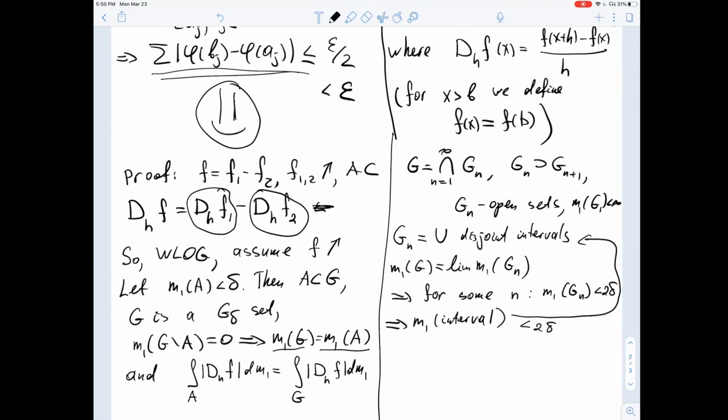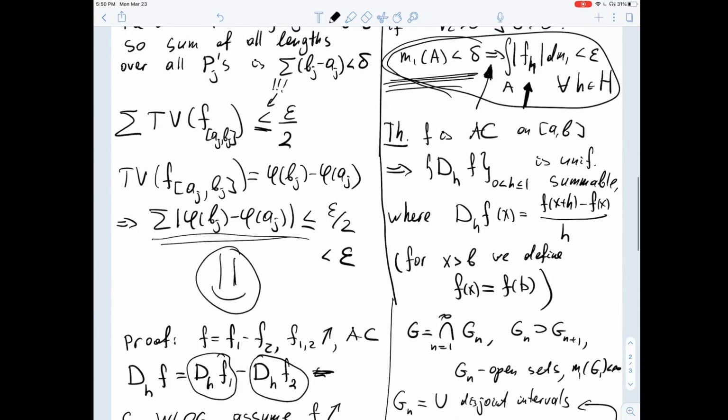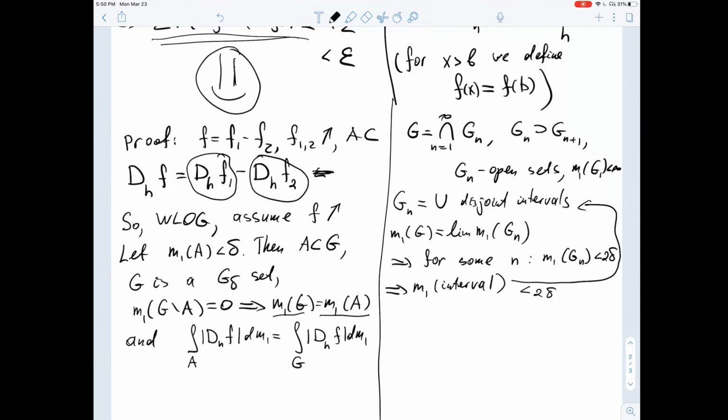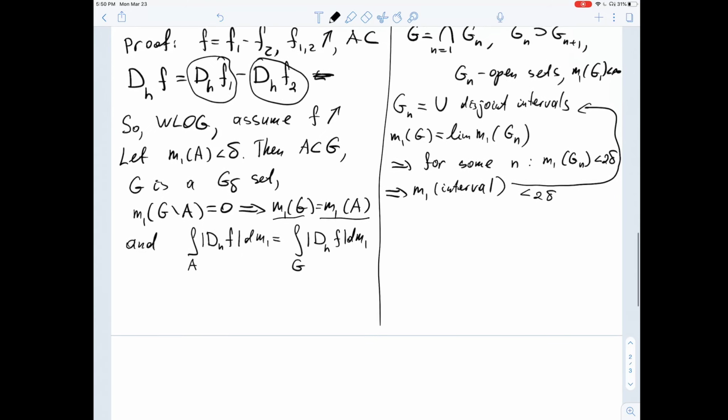As soon as we have it for Gn, we'll have it for G, because both measure and integral are continuous from below, and as soon as we have everything for G, we'll have it for A, because everything for G and A is the same.